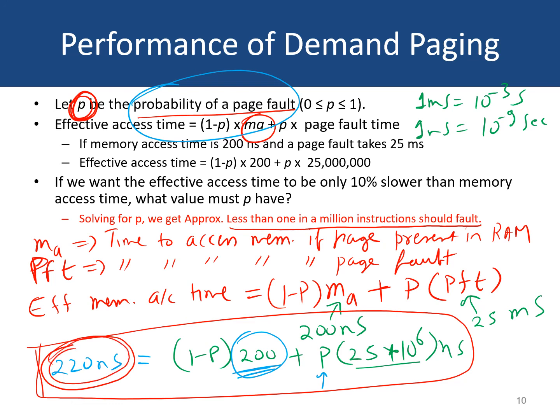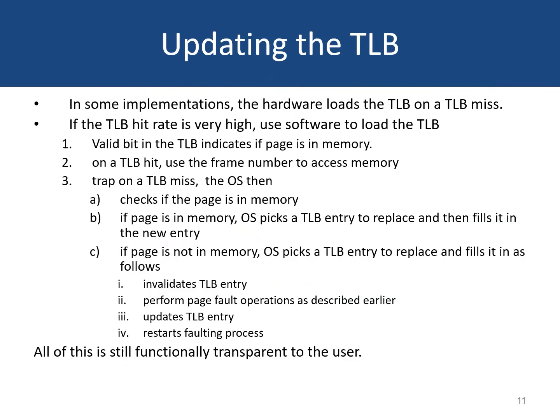So this example is intended to give you an idea about how rare page faults need to be to ensure reasonable performance degradation due to the presence of demand paging or virtual memory. We have been talking about demand paging and virtual memory.